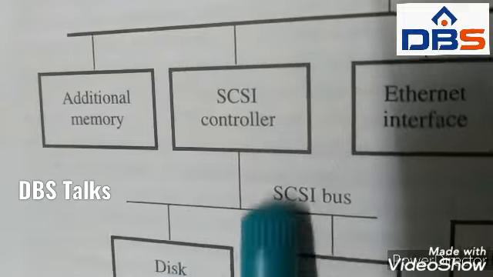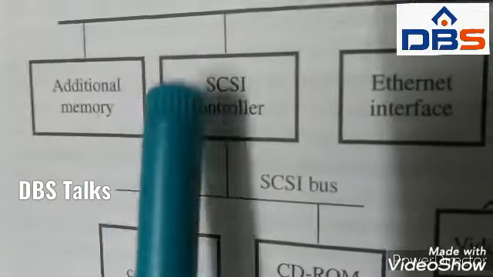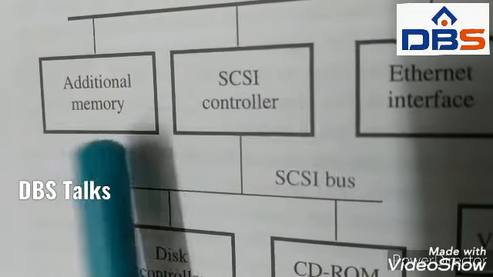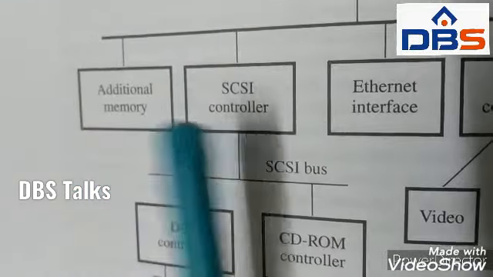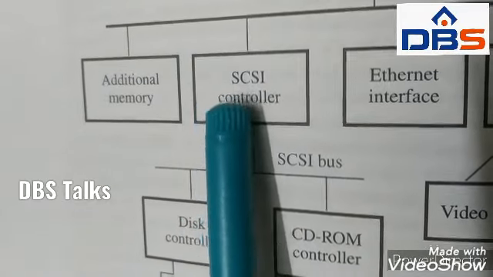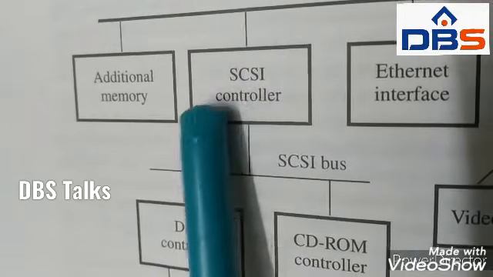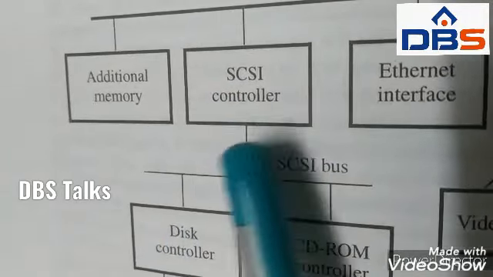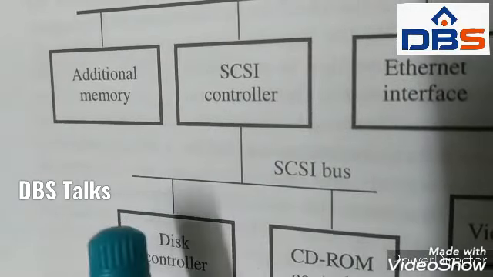Now coming to the second one, that is the SCSI bus or controller. It stands for Small Computer System Interface. It was defined by ANSI, the American National Standards Institute. Here, a SCSI bus may have 8 data lines, in which case it is called a narrow bus, and it transfers data 1 byte at a time.